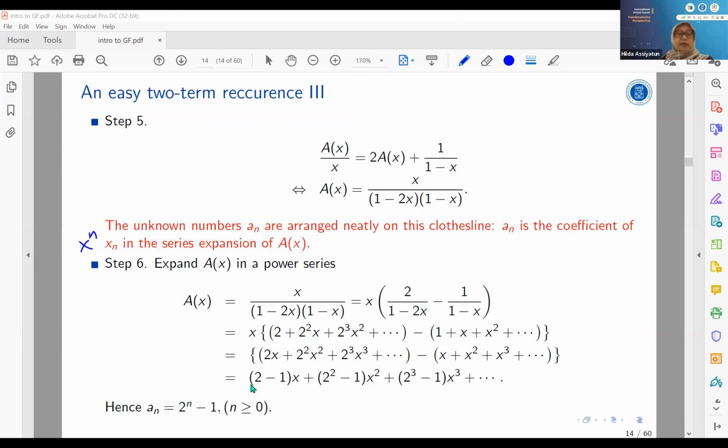From here we get that the general formula for the coefficient a_n is 2 to the n minus 1, for n greater or equal to 0. So again we have the same answer that we can obtain by using other methods like induction.